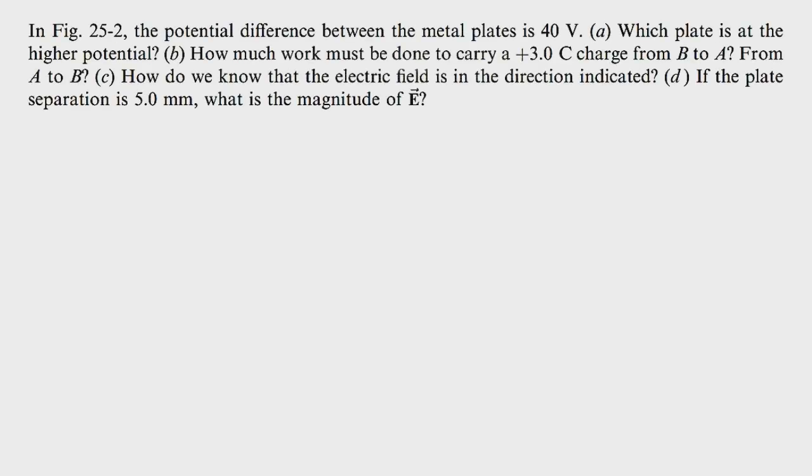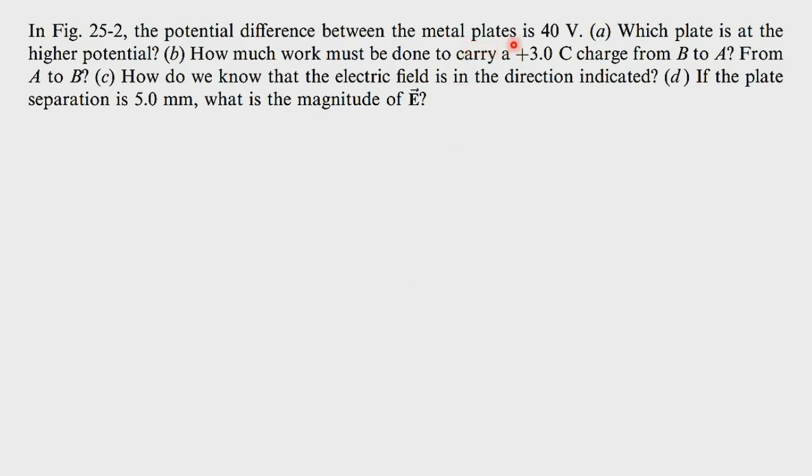We are now going to utilize the two formulas to calculate potential difference, and also to calculate potential difference within parallel plates that have an electric field between them. And so we have our first problem, a potential difference between metal plates.